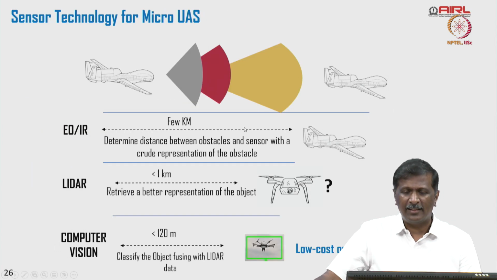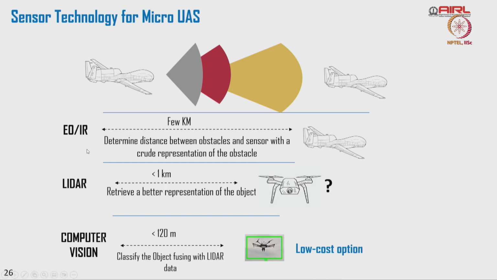Now, I have taken three sensors. One is the camera, what we call electro-optical or infrared, because we are talking about an all-weather kind of solution for day-night operations. Electro-optical or IR, as you see, can work for a few kilometers, right? It will be able to measure the distance between the obstacle and the sensor with some crude representation.